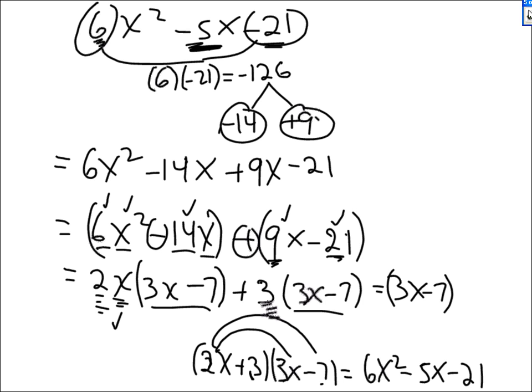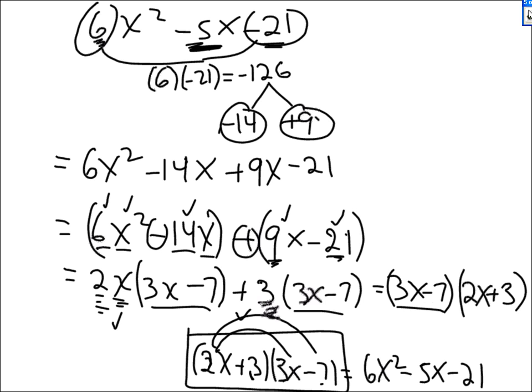And I write down what's left over, 2x plus 3. Unless I made a silly error, it's exactly what I started off with. Doesn't matter that I wrote 3x minus 7 first and 2x plus 3 second, because we are multiplying those 2. Multiplication commutes.